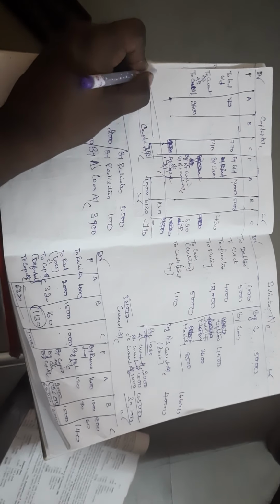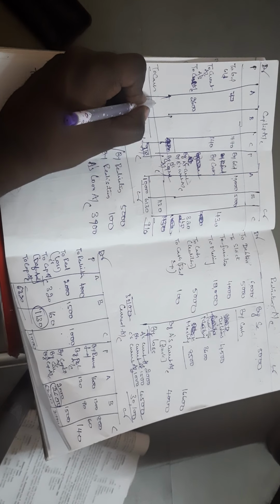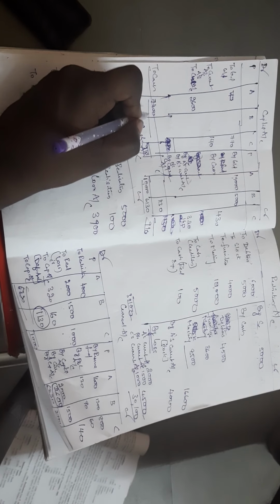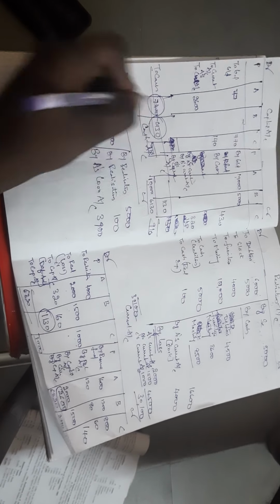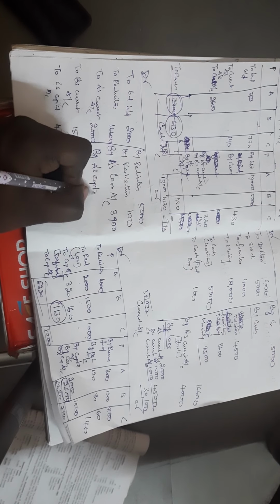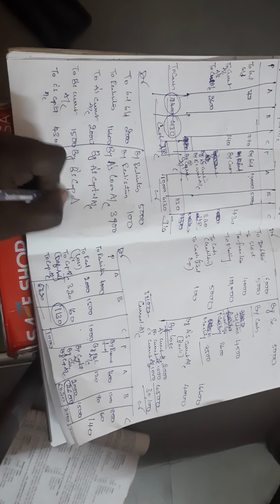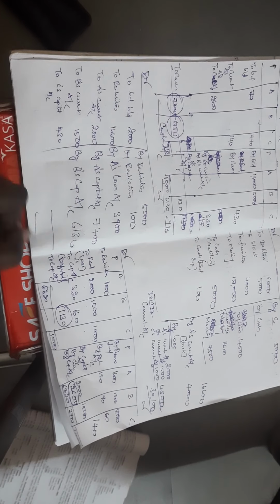So minus the balances, I got cash for A 7400 and for B 6130. So cash account by A's capital account and by B's capital account, 7400 and 6130. That's it.